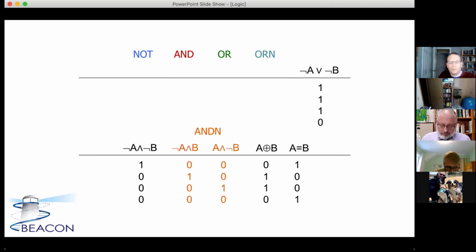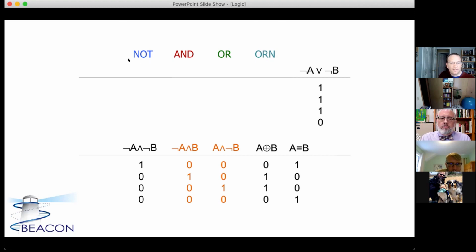All right, so now we can look at these two tasks here in orange. We've got not A and B, and we have A and not B. So we could just rearrange this particular one here if we wanted to.